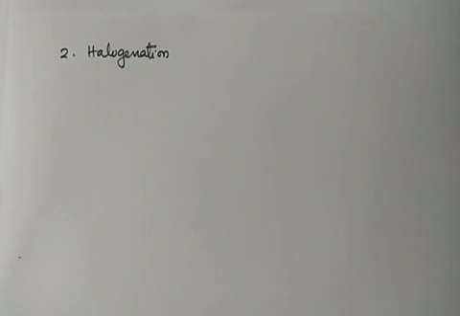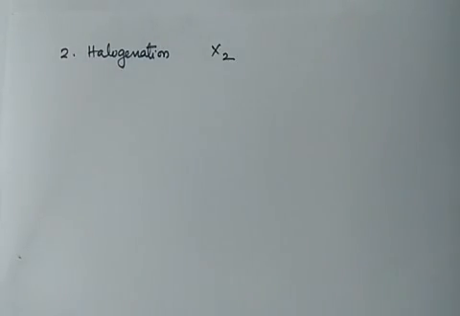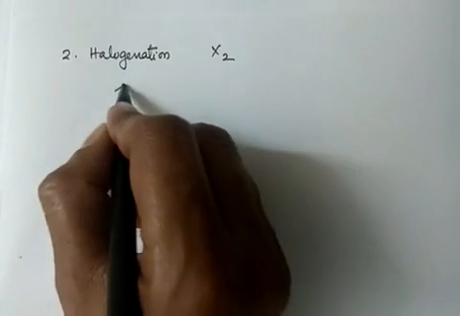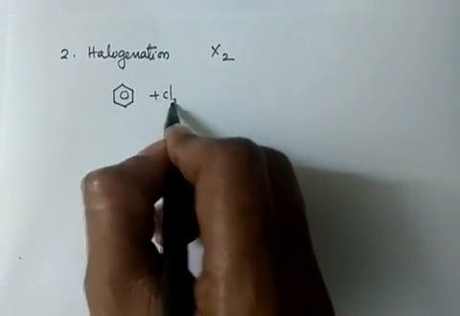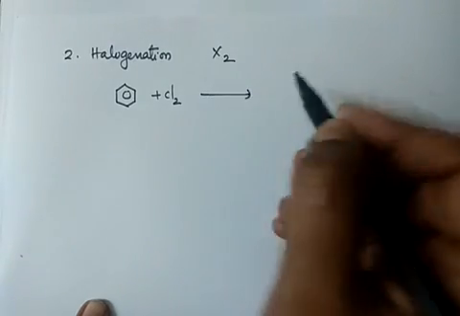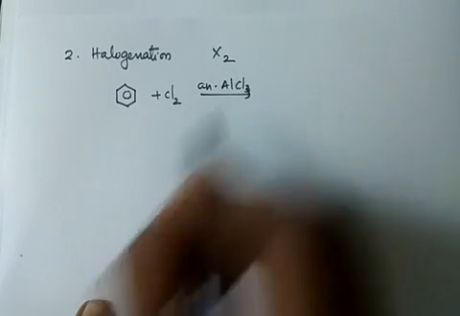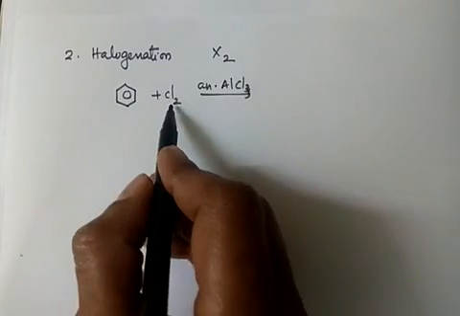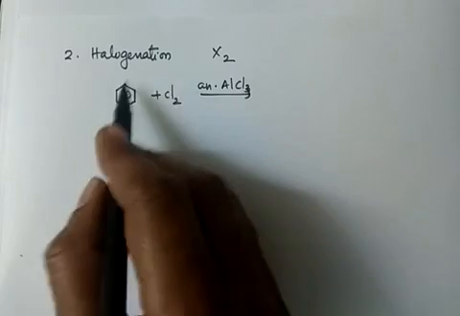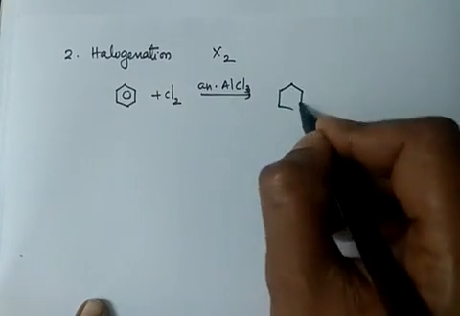Then the second reaction is halogenation. Halogenation means reaction with the halogens. For example, benzene reacts with chlorine in the presence of a Lewis acid, anhydrous aluminum chloride, and here one of the chlorine atoms attacks and becomes chlorobenzene.